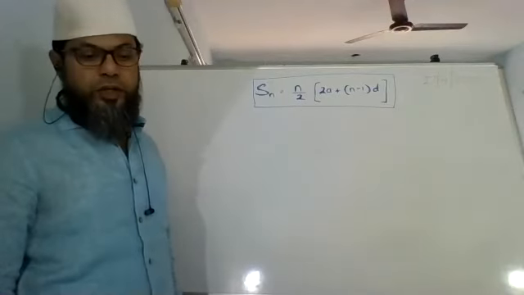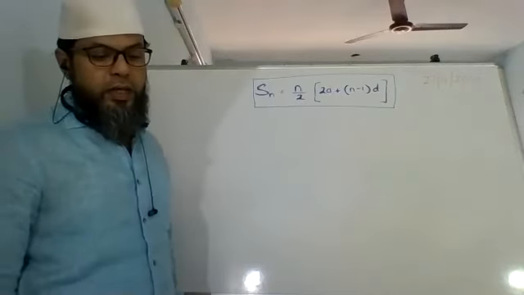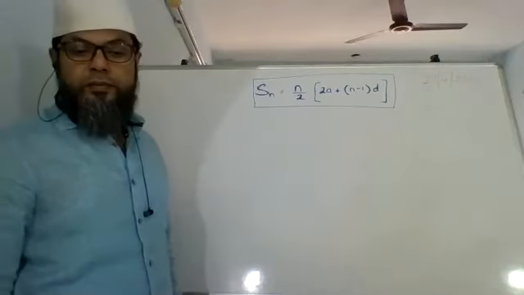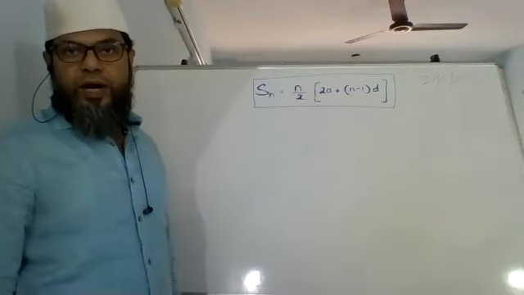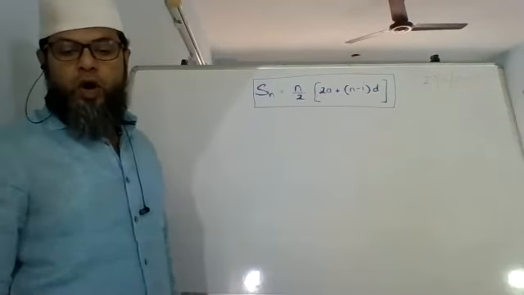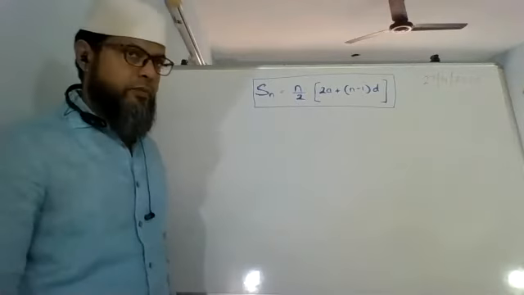Then we'll proceed further. So let's first find out the sum of all odd numbers from 1 to 150.